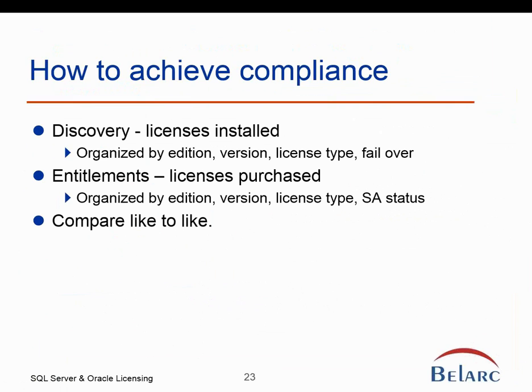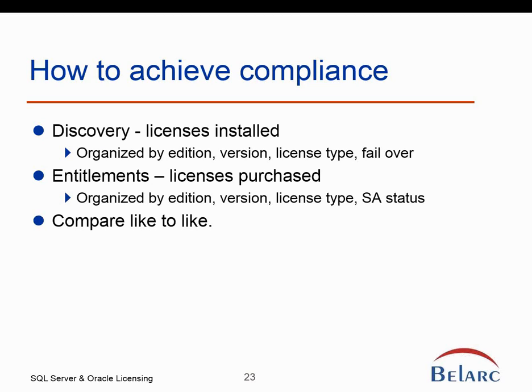Okay. Basically, we're going to describe the outlines of a process that you would follow in order to achieve or measure your compliance. It's a process for you to organize all your installed licenses, and somehow you'll be doing an inventory to get all that information. You'll go through a certain set of steps to achieve a final organization.